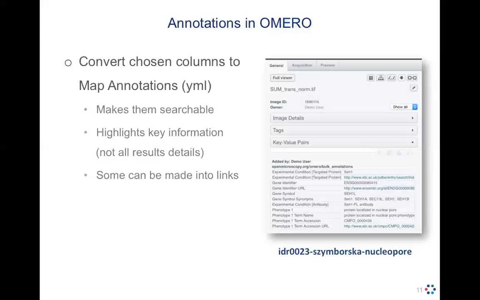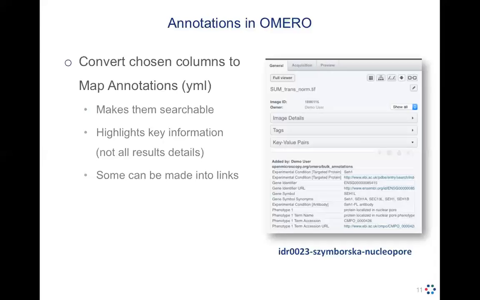And so here you can see we've taken the gene identifier, and it's available just as a string, but then we've also turned that into a URL so that the user can click on the identifier and go to the Ensembl webpage. The other big benefit of this is that since it's in Postgres, it gets automatically indexed into Lucene, so that means all the values that you put in the map annotations are immediately searchable.